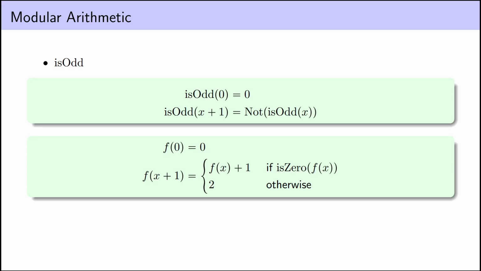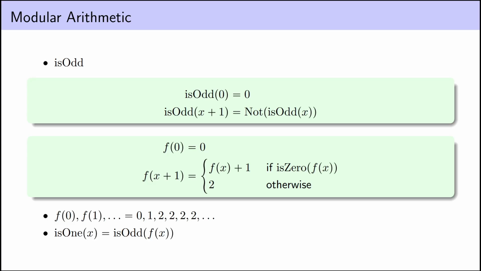We're not allowed access to x. The sequence of values of this function f goes 0, 1, 2, 2, 2, 2, 2, and so on and so forth. So we can tell if a number is 1 by asking if f of x is odd. So that's our base case.